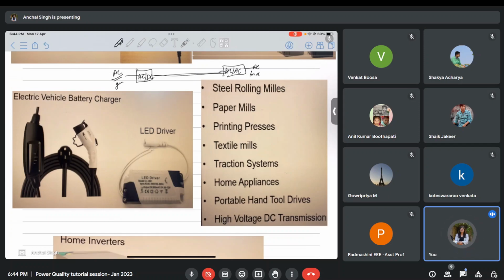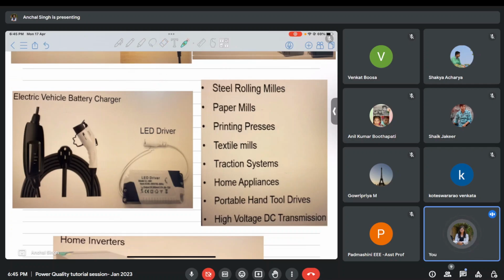If you want to transmit electrical energy over very long distances, HVDC, high voltage DC transmission, has become very popular in today's era. So this is another way of doing electrical power transmission. In high voltage DC transmission also we are using AC to DC and DC to AC converters. So all these equipments have AC to DC converters used inside them.